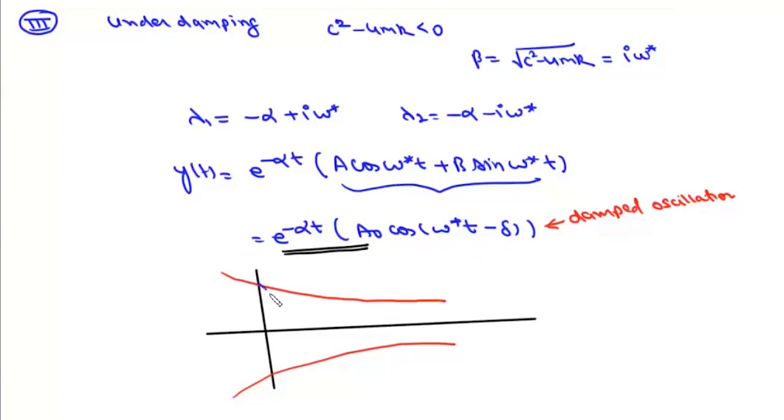So in this case, we'll have these damped oscillations. So essentially, this third case is still an oscillatory motion where the amplitude is decreasing according to this envelope a naught e to the power minus alpha t. So these are the three cases possible in case of damped oscillations: overdamping, critical damping, and underdamping.